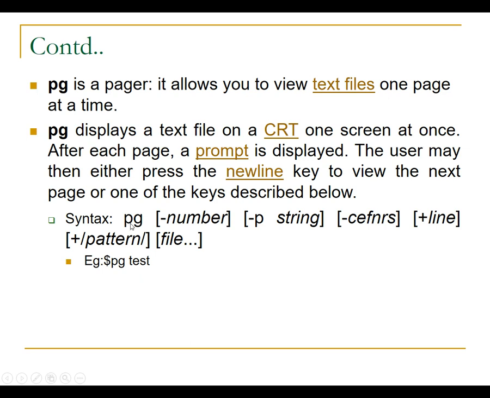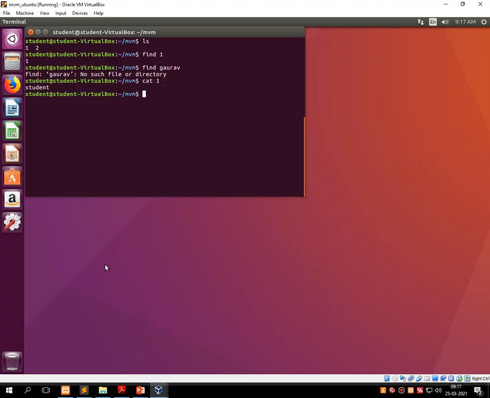The syntax of the pg command is pg, then give the page number, then the string, then the line, and then the pattern, just like that. Suppose I am typing pg 1. What does it print?